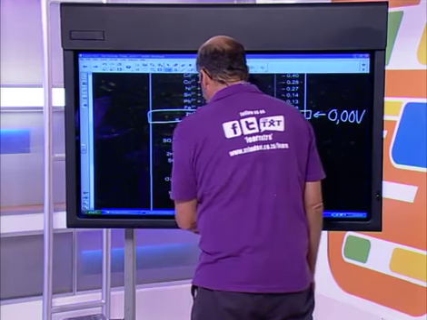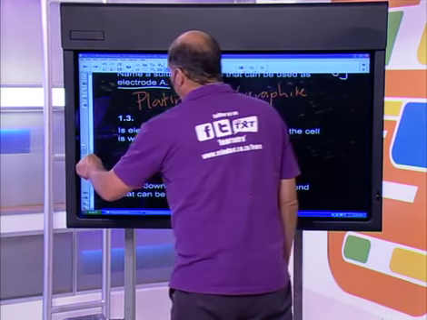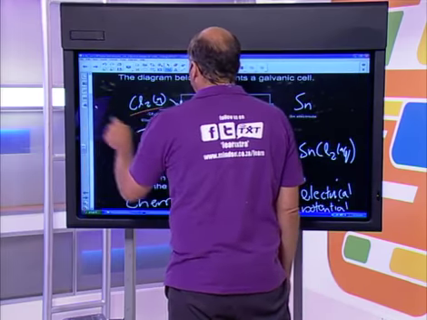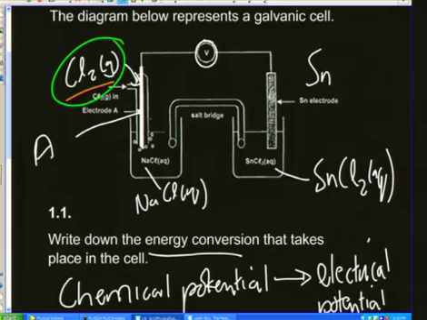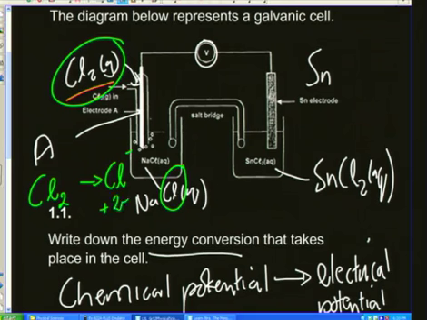Let's go back to the question, and you'll see that on the half cell, we had chlorine gas, and it became a chloride ion. So we're going from chlorine to chloride. That's my little interpretation of it. Plus 2 electrons.